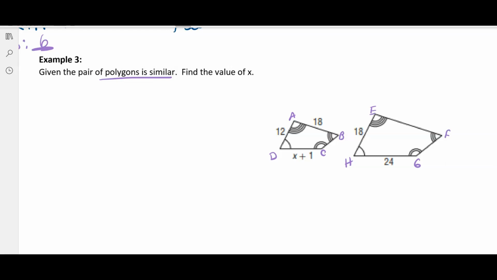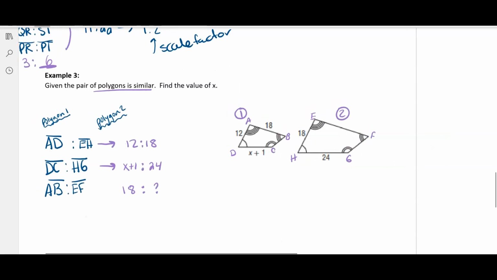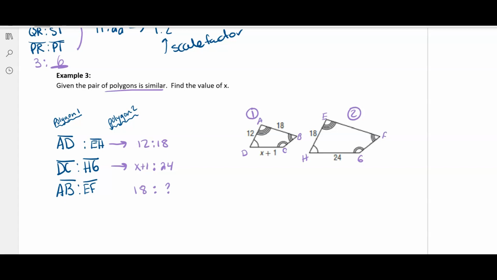So I'm going to set up my ratios right now. Go ahead and pause the video, and when you come back, it'll be done. I wrote out the sides that were proportional to each other, and then I wrote what the sides were. So AD we know is 12, and EH is 18, so I set those up in those ratios.